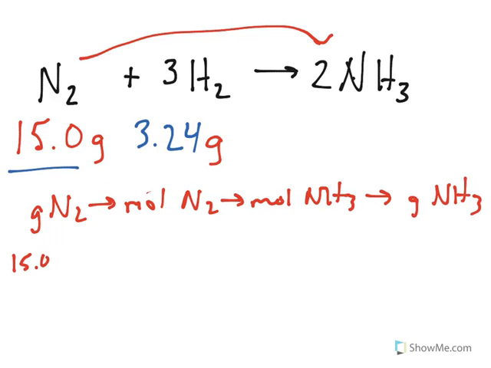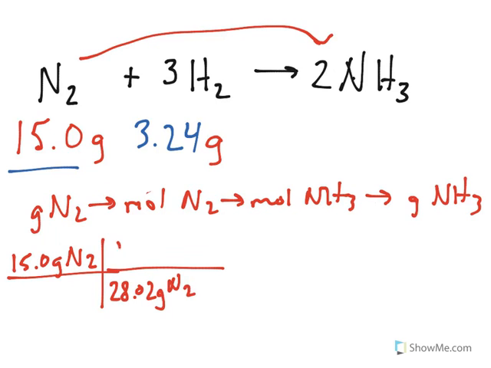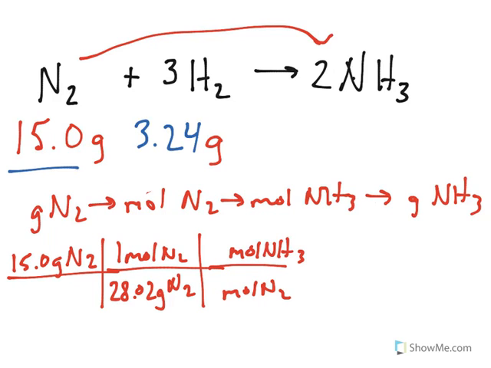So 15.0 grams of nitrogen, again divided by its molar mass of 28.02. Now since we're going from moles of nitrogen to moles of NH3 this time, we need to use the coefficients of those two substances.